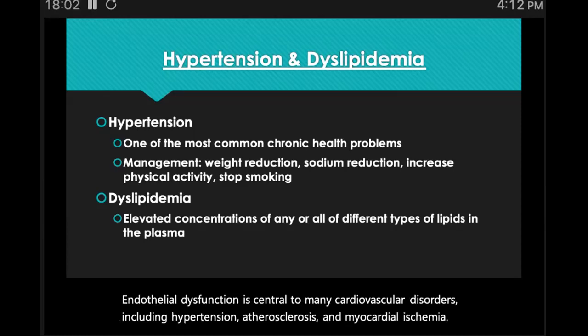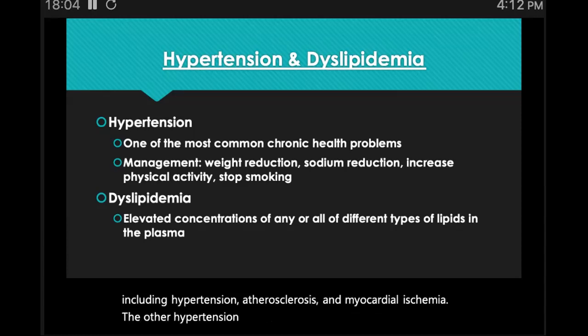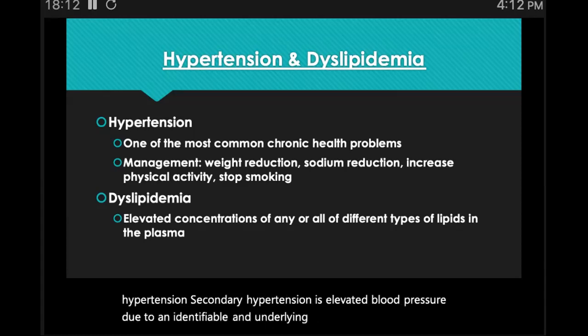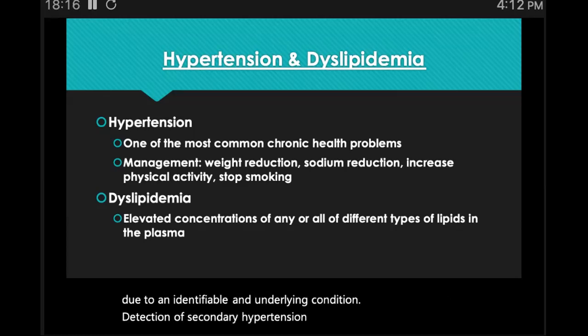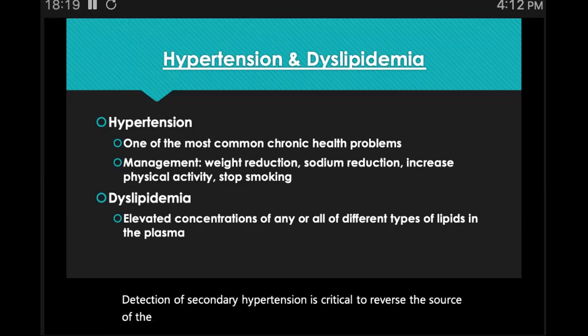The other hypertension that we have is classified as secondary hypertension. Secondary hypertension is elevated blood pressure due to an identifiable and underlying condition. Detection of secondary hypertension is critical to reverse the source of the pathological process and prevent hypertensive target organ damage.